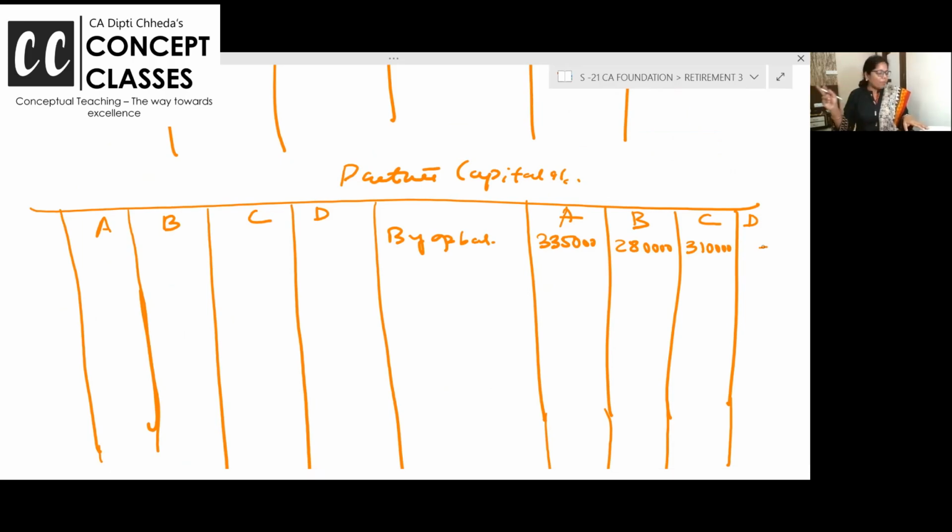This is like opening balance. A retired and D is admitted in December. He introduced 2 lakh as capital. 2 lakh as capital he got in cash.